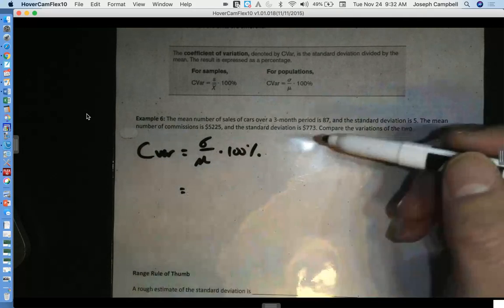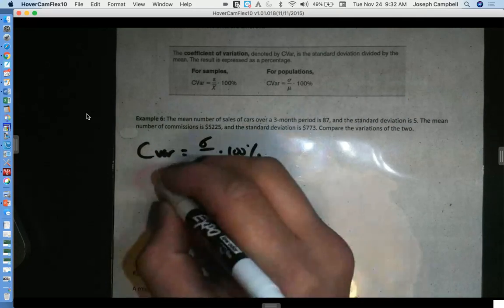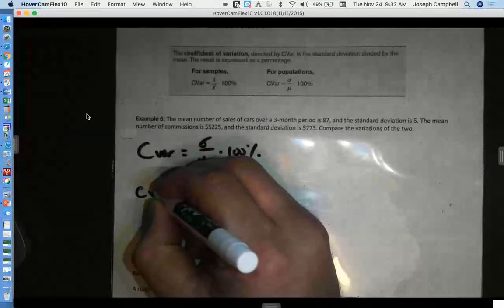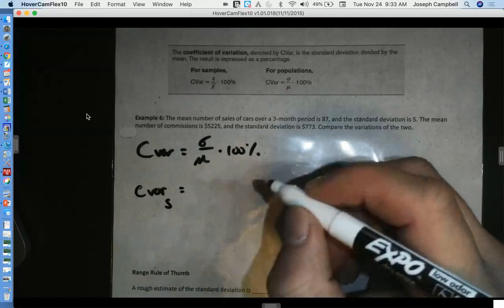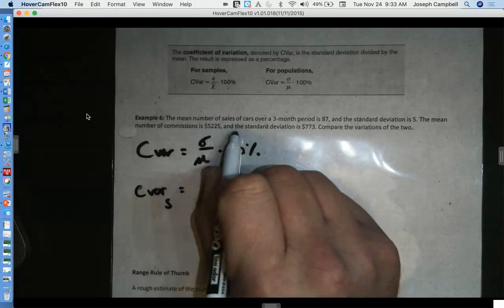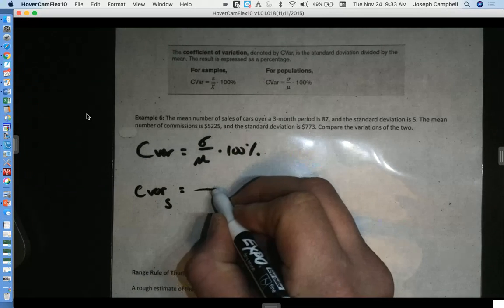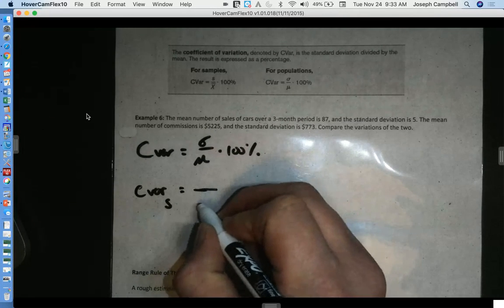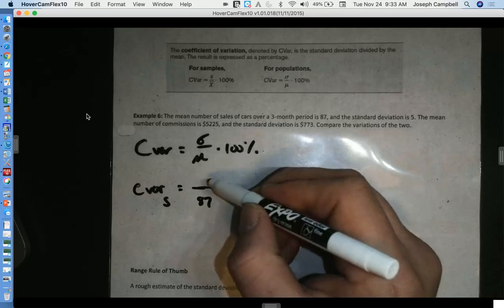So we'll do it for the sales first. CVAR sub S for sales. The mean number of sales over the period is 87, and the standard deviation is 5.